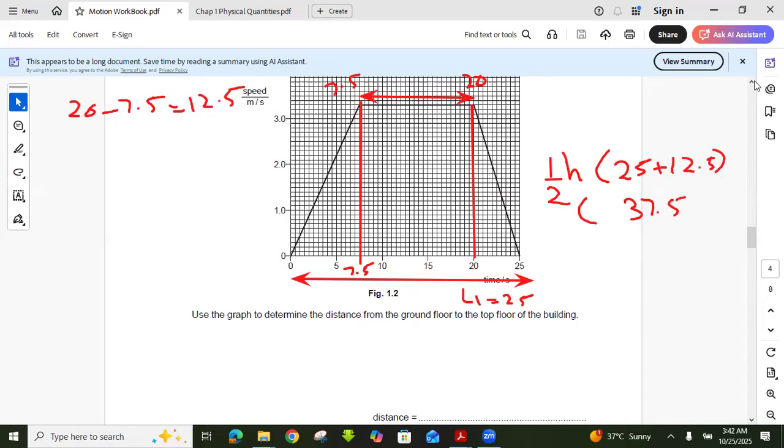Now height is, let's see the height over there. This is above 3, 3.1, 3.2, 3.3. This is 3.3.